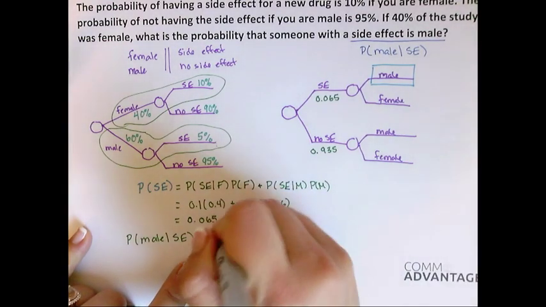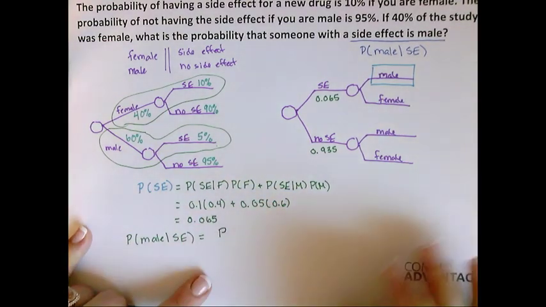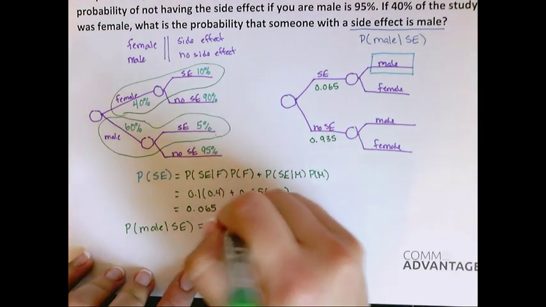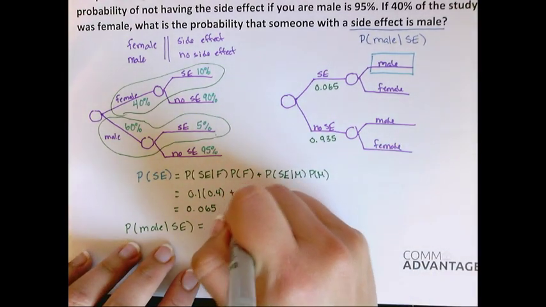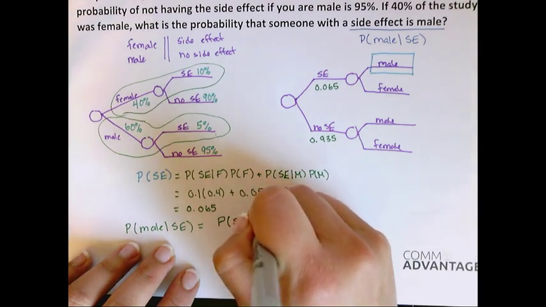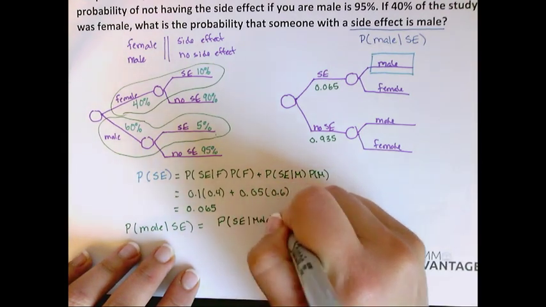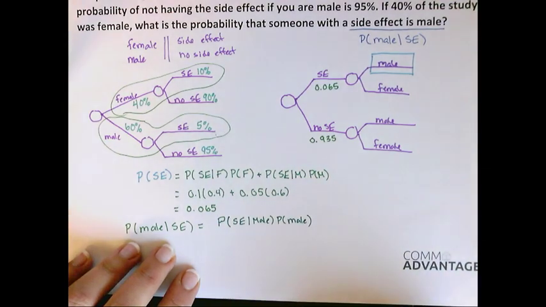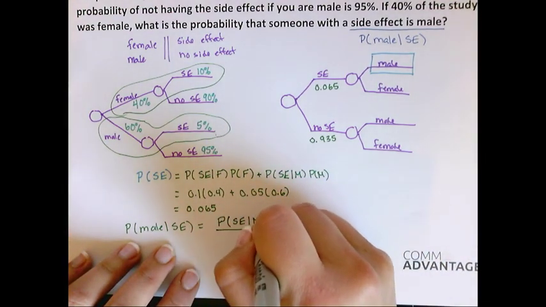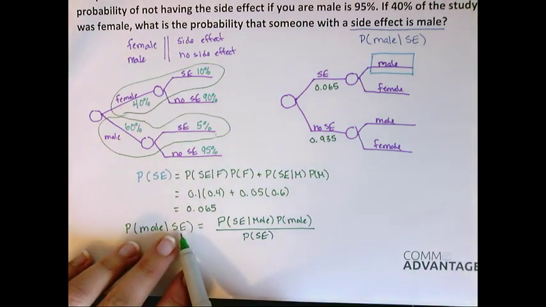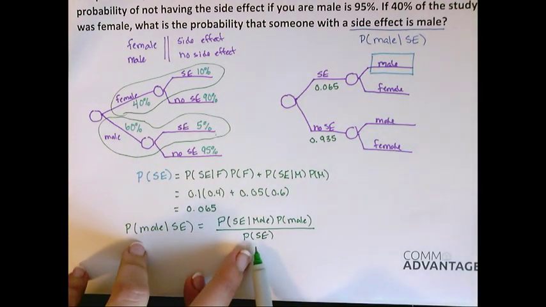So my formal notation here is going to be the probability of having a side effect given that we're male times the probability of being male over the probability of having a side effect.